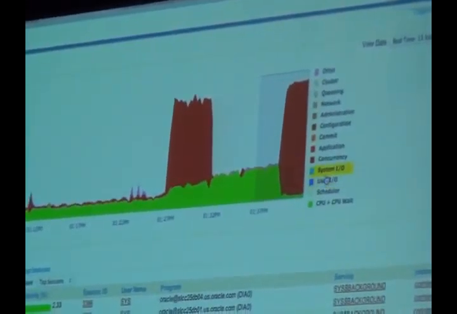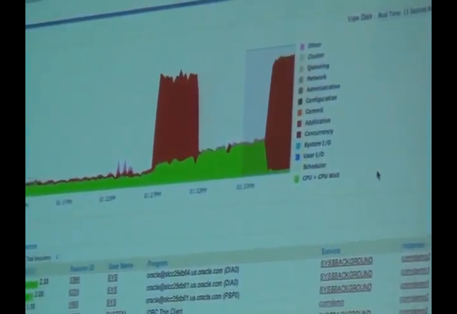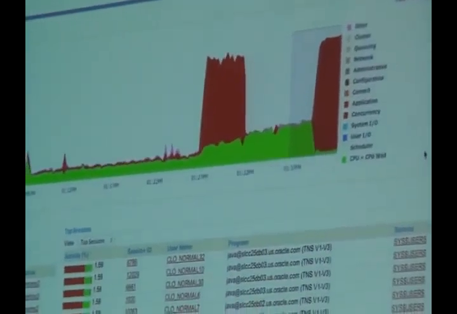Okay, so, we can use EM to help us do that. We can see the sessions that are getting these problems, and then we'll take a look at one of those sessions.